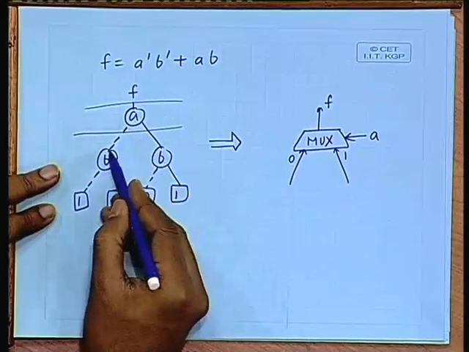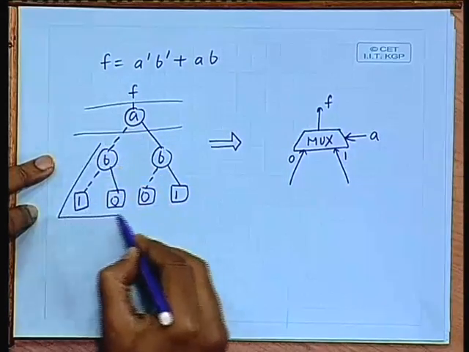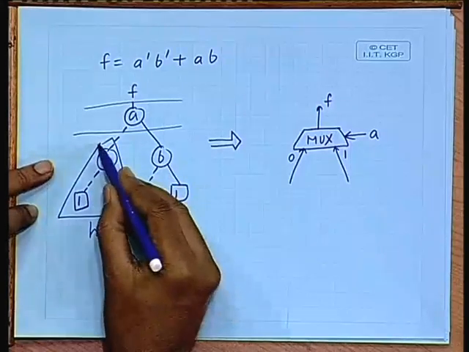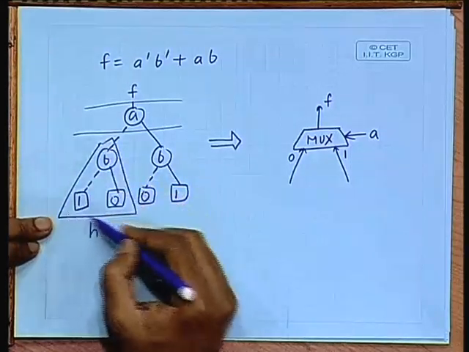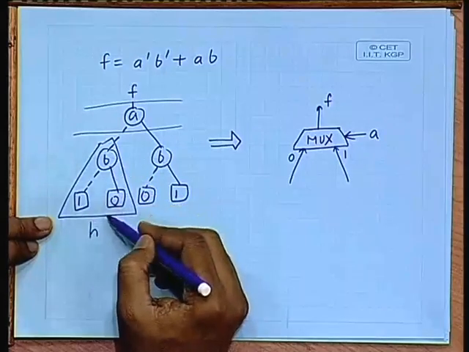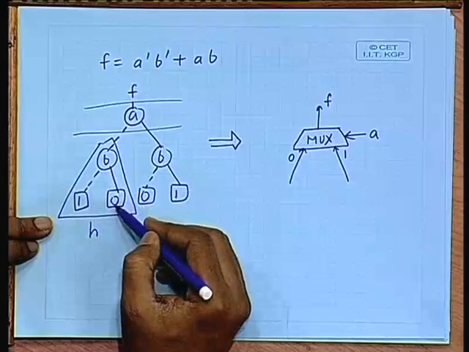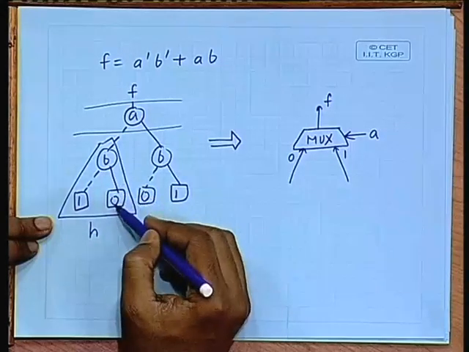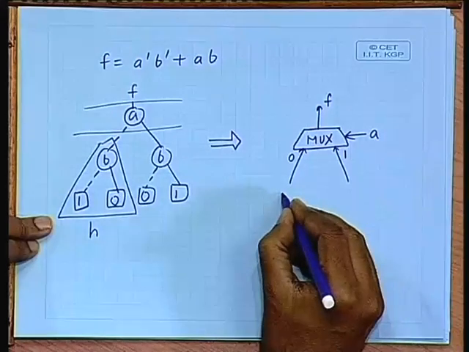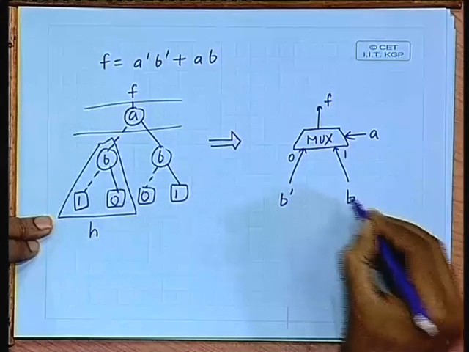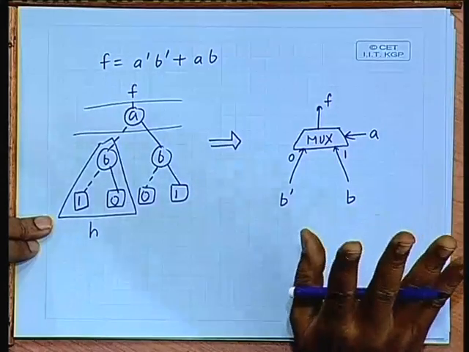If it is false, I am coming to this, so I must feed this subfunction which I was calling h. In this example, this subfunction is nothing but b prime. If b is true, 1; if b is false, 1; if b is true, 0; b prime. So here you will have to feed b prime and here you will have to feed b. This is the basic concept.